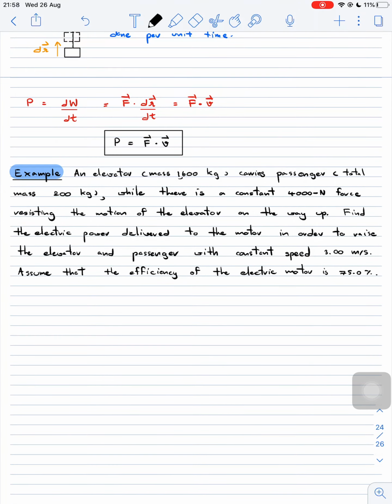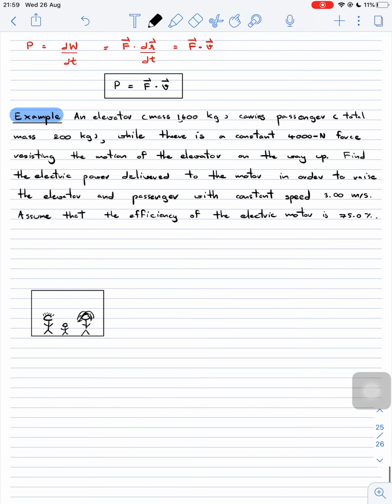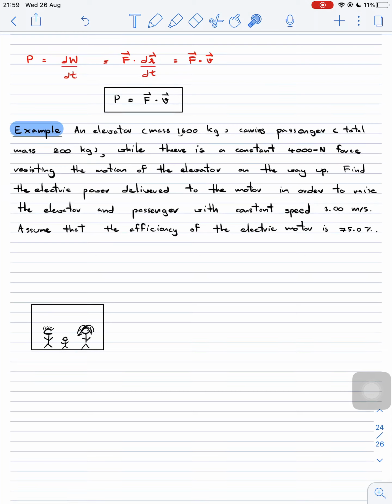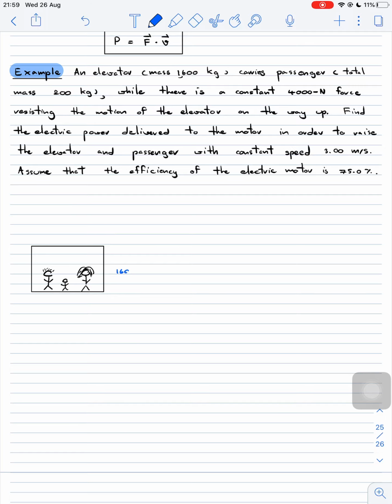Let's draw the picture here. We have an elevator, and we have passengers inside this elevator. Something like this. We said that the total mass is 1,600 plus the 200 kilograms, which is equal to 1,800 kilograms.